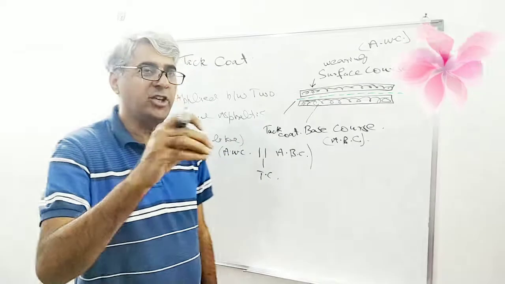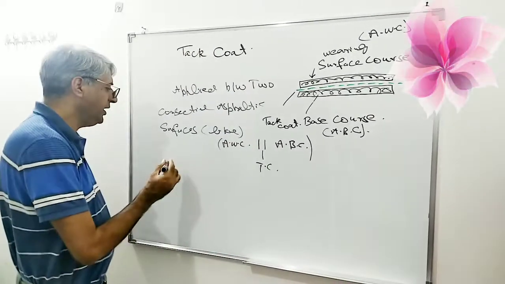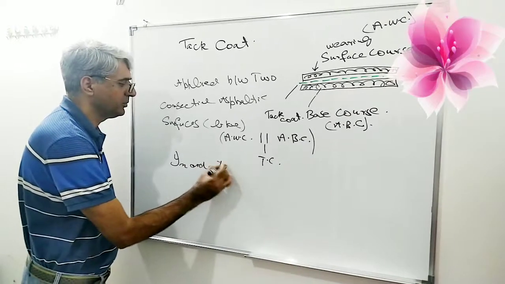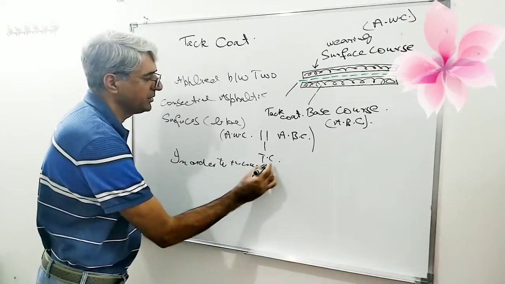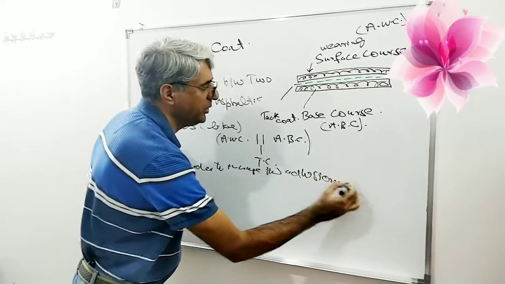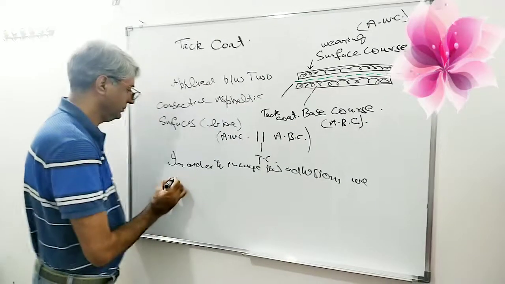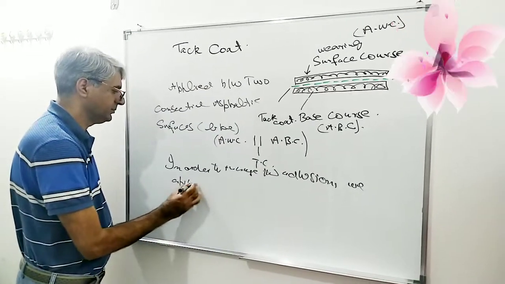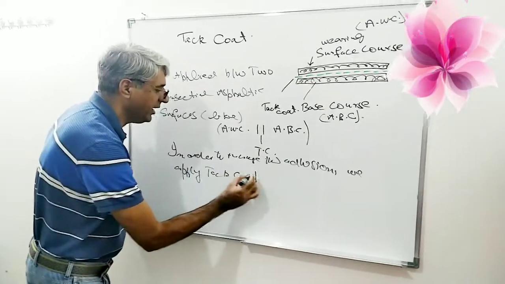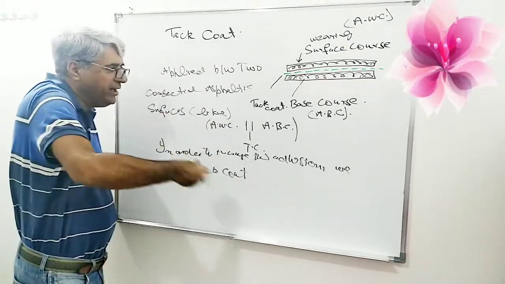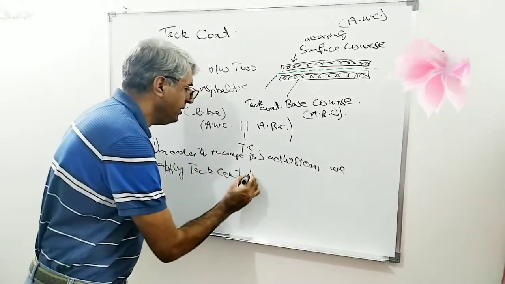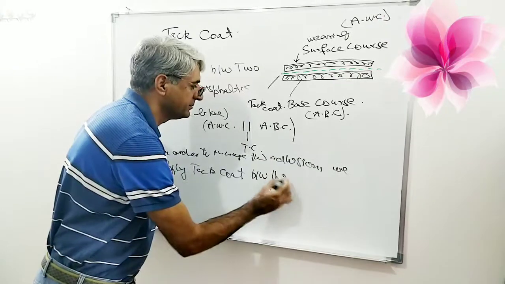So that is why it is a general practice, in order to increase the adhesion, we apply tack coat. So keep only this word in mind. In order to give a fine adhesion, we apply tack coat where? Between the asphaltic surfaces.